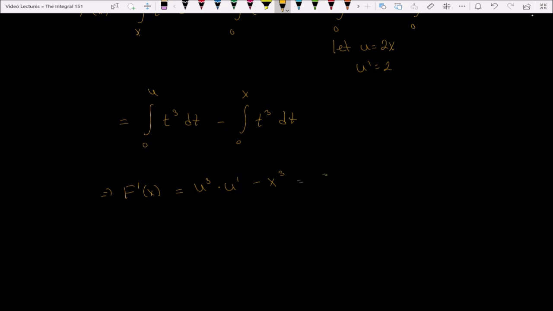This equals 8x cubed times 2 minus x cubed, which is 15x cubed.